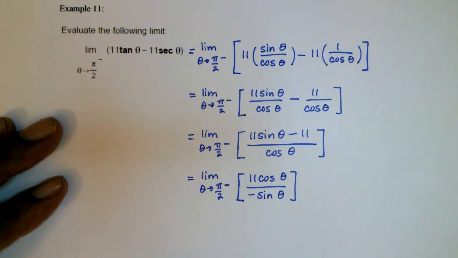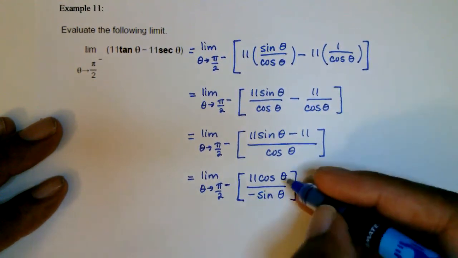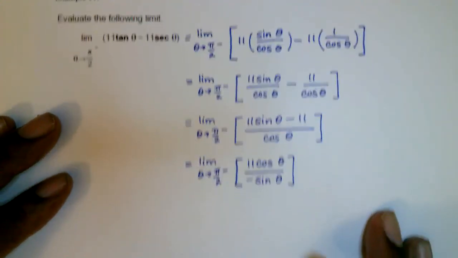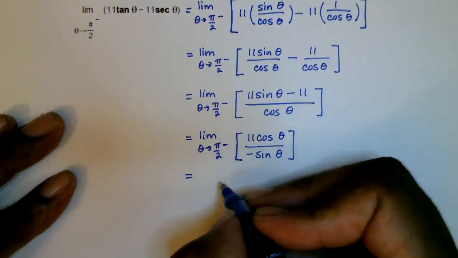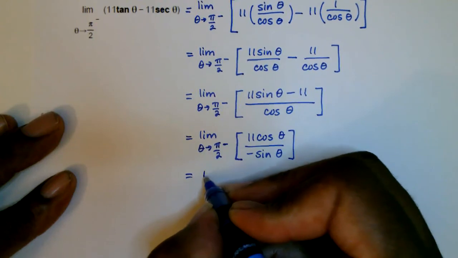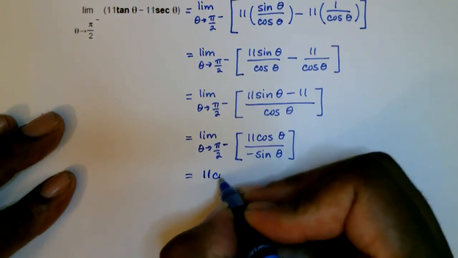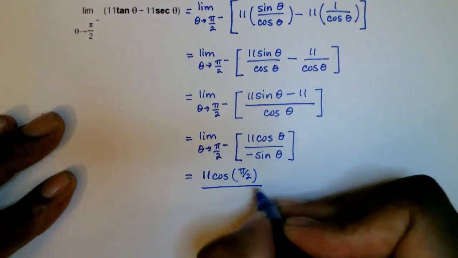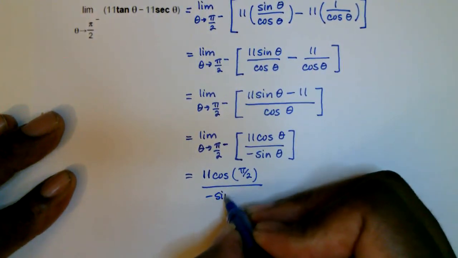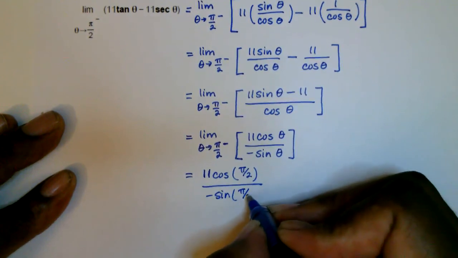Now I can go ahead and do direct substitution by substituting each theta with just pi over 2. So in this case here, this will be 11 times the cosine of pi over 2 divided by negative sine of pi over 2.